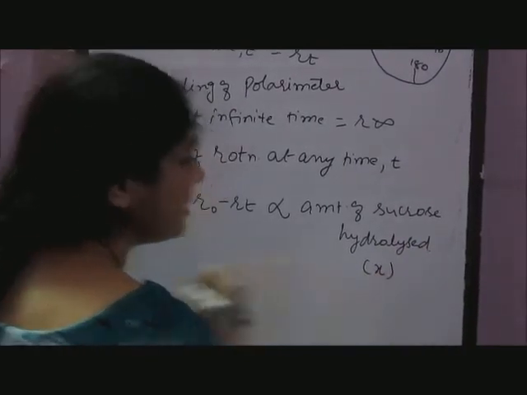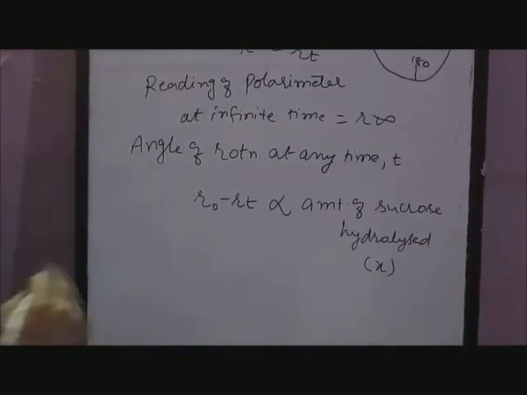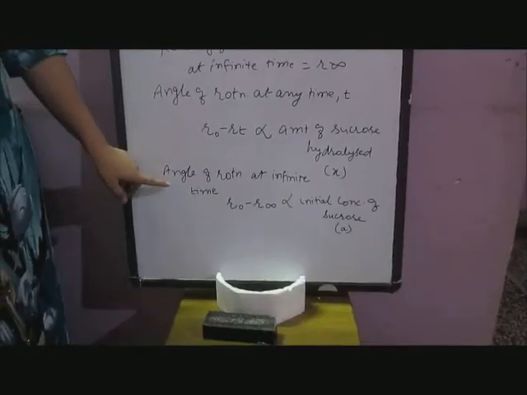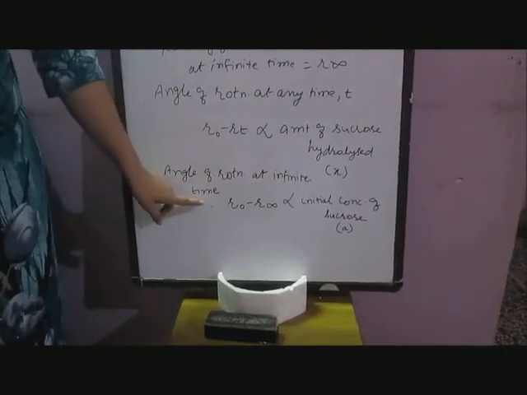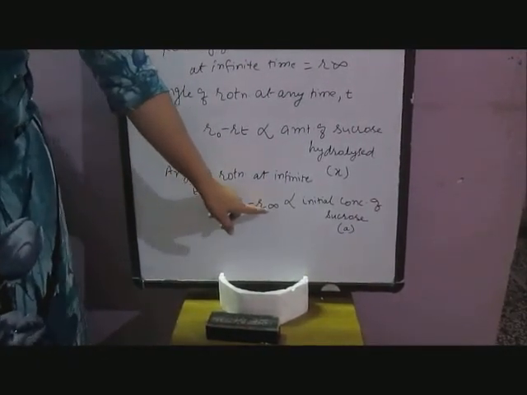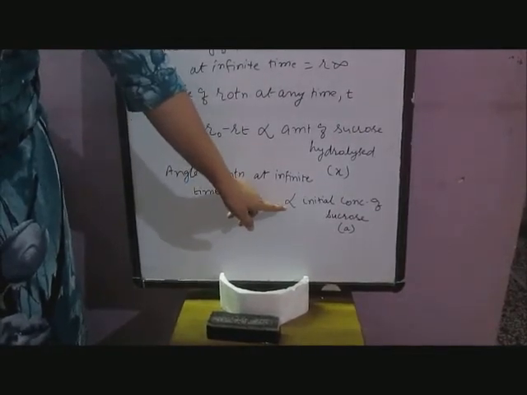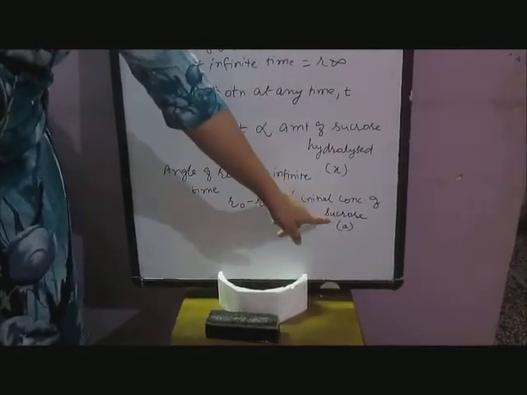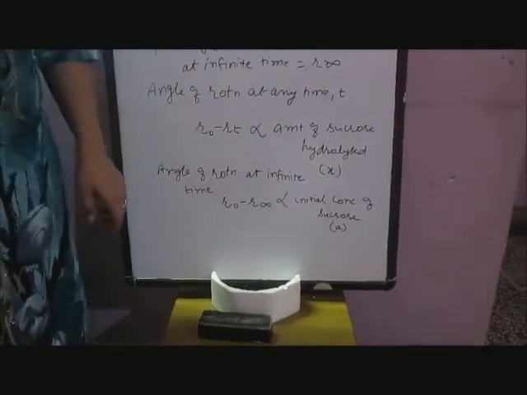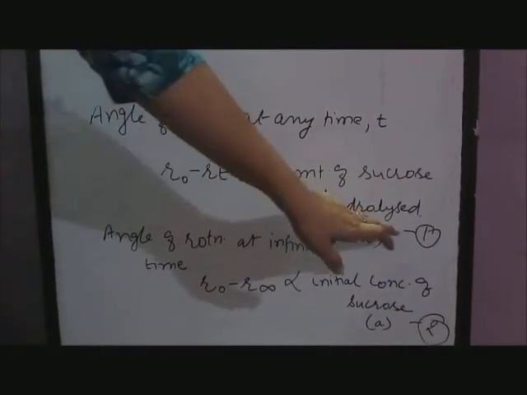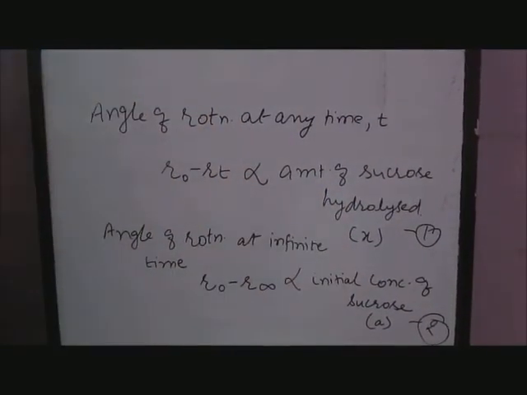Suppose it is x amount. Angle of rotation at infinite time is R naught minus R infinity, which is proportional to the initial concentration of sucrose, that is A. This is equation 1 and this is equation 2.